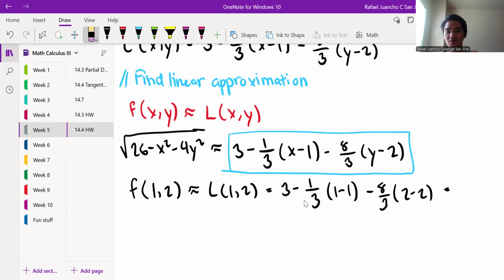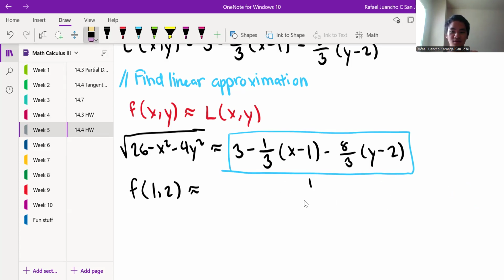That's one of my answers. For the other one, there was a given point that they want me to do, which is 1.07 and 1.93. And then here I plug it in here.